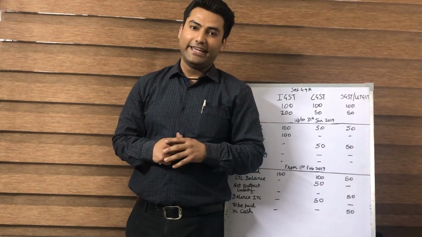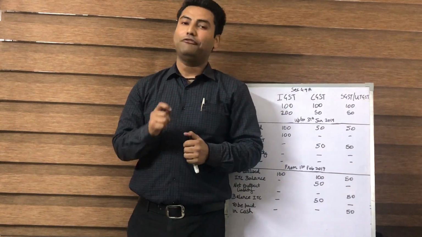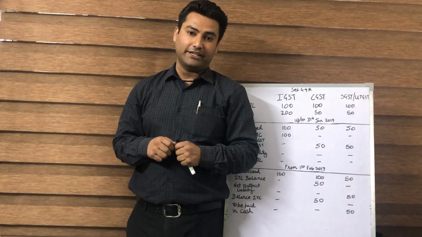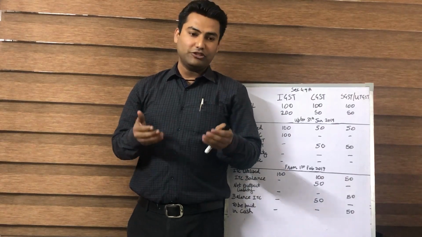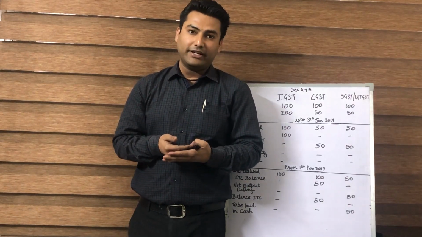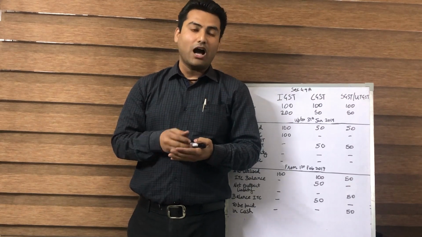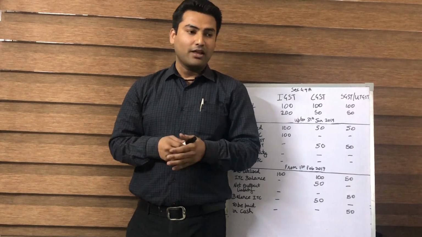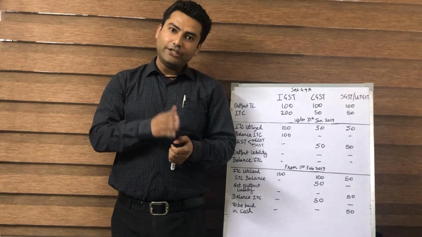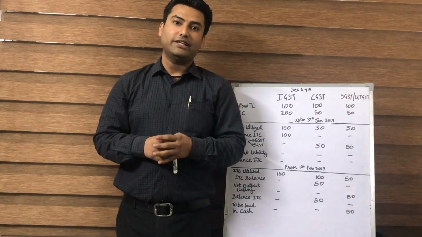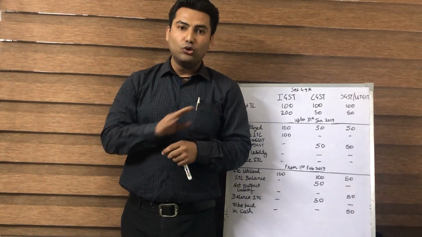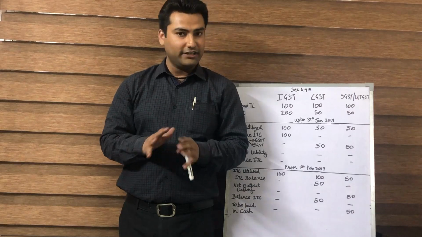So section 49A talks about the manner of utilization of input tax credit. That means any credit which is lying in the credit ledger of any taxpayer, how it can be utilized. Prior to 1st Feb, that is up to 31st of January, there was no order defined under the Act.